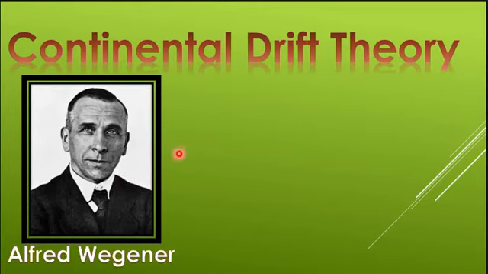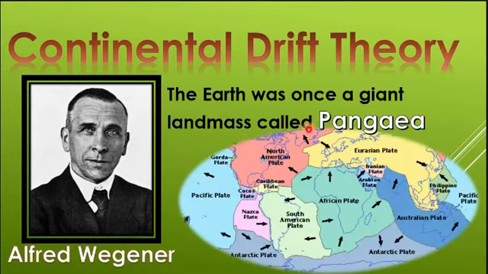From this theory, it stated that the Earth was once a giant landmass called Pangaea. And this giant landmass was broken down into several continents because of the movement beneath the Earth's surface.